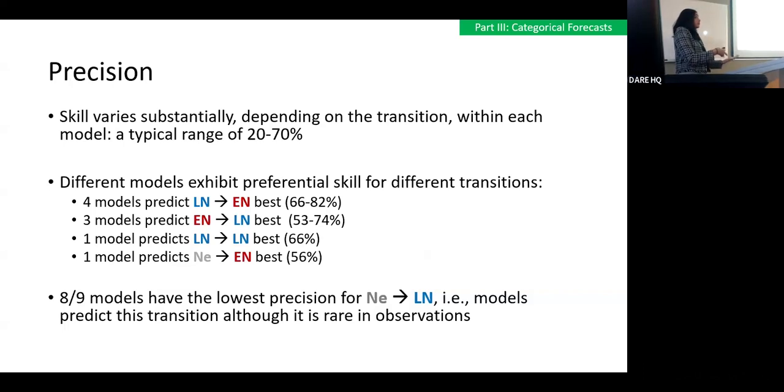So the model that the Bureau of Meteorology is running is going to give you a slightly different skill than the model that the UK Met Office is using, which is a bit different from the Japanese agency and so on. However, one thing they all seem to agree on is that going from neutral to La Niña is something they predict and doesn't end up coming true very much. So there's some sort of bias in the way these models work that's giving you La Niñas when it's not supposed to from a neutral state.